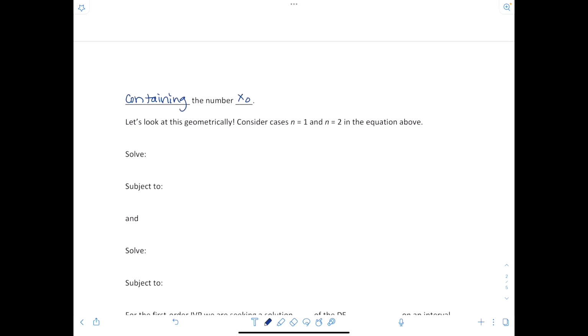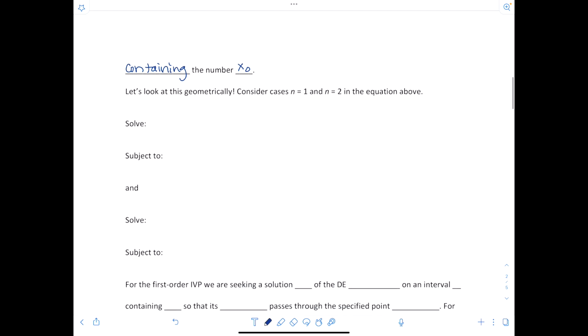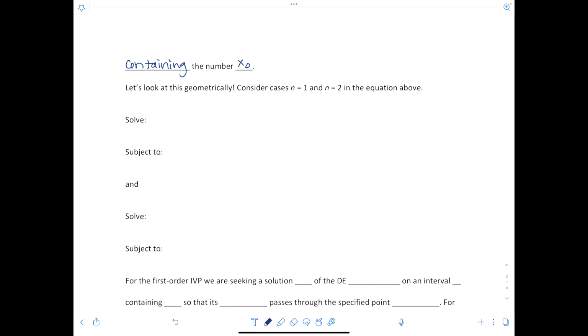So let's look at this geometrically. Consider cases n is 1, which would be a first order differential equation, and n is 2, which is a second order DE. So to make it an initial value problem, we'll have an initial condition or two.